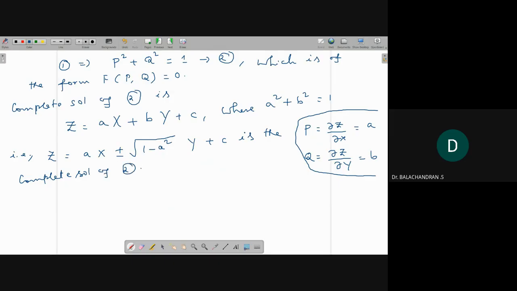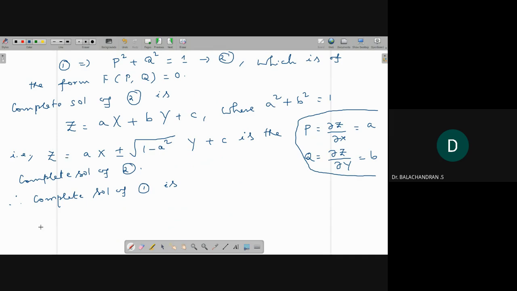Now actually we need to find the complete solution of equation 1. We need to convert everything into small letters.